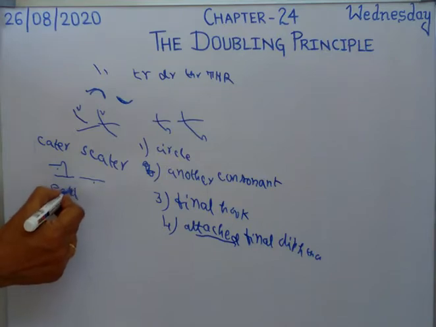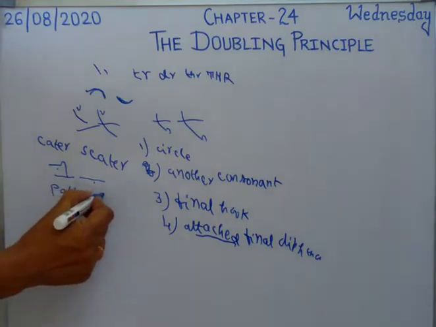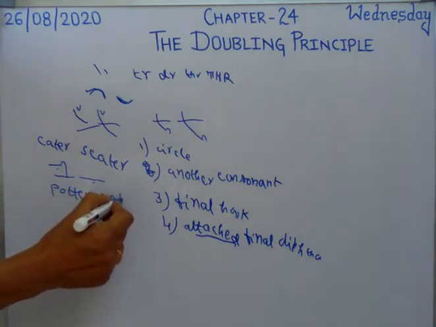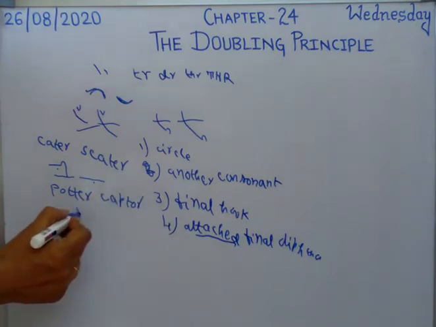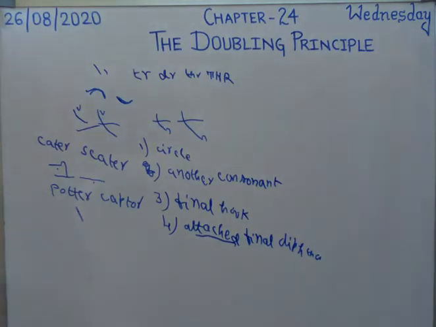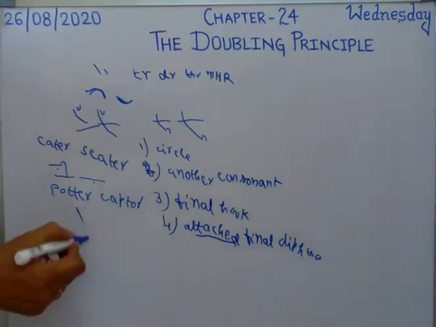Another example. Potter, captain. Now P. You have to double P and add the sound of ter. Is it possible? No. None of the conditions are satisfied. So here you cannot double.